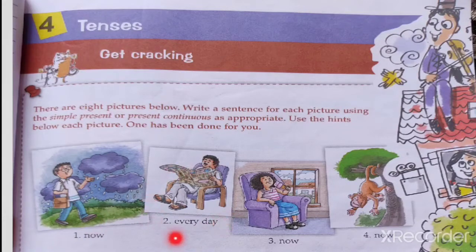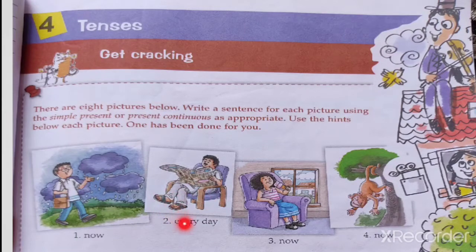After that, "every day" action. Now every day action means which tense? Simple present. The action which we are doing every day, which we are doing regularly. It's a habitual action. So for that we have to use simple present tense.